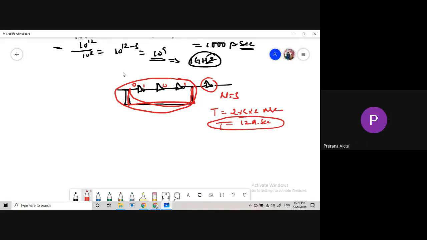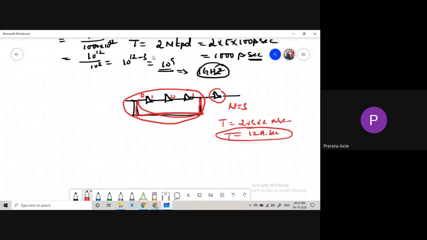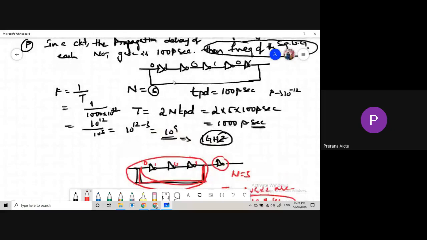Please observe the output and input terminals here. In the previous problem, the final output, the fifth NOT gate output, is given to the first one. That's why here we are including 5 NOT gates.